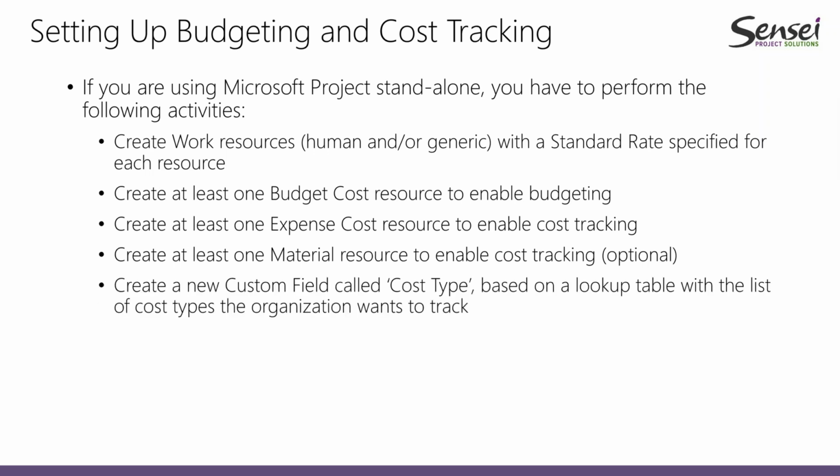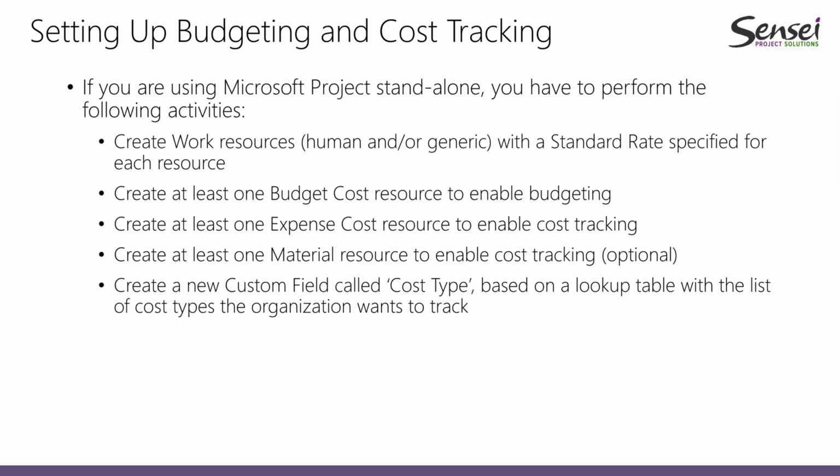And after that, one good thing to do is you can create a custom field within your project desktop called cost type. This cost type field has to be based on a lookup table, and this lookup table should have the list of all cost types that the organization wants to track.